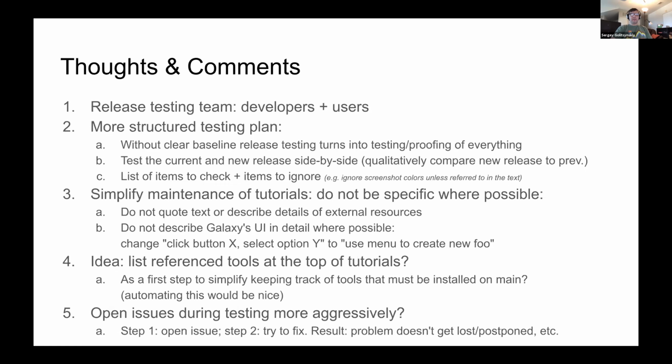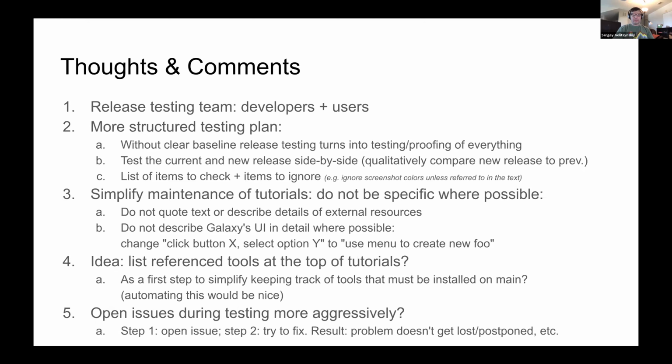However, if I don't have a background in genomics, then my real-world context is really limited to the tutorial or tutorials. So a user who actually uses Galaxy would be helpful on the team. So this is one. I suppose I will go through the points and then we can discuss everything, but feel free to interject at any time.